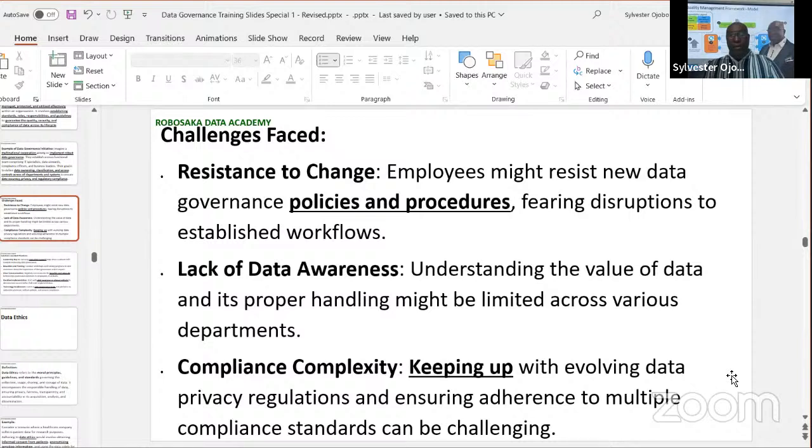How to keep up with it? How can you keep up with evolving data privacy regulations on sharing and privacy?